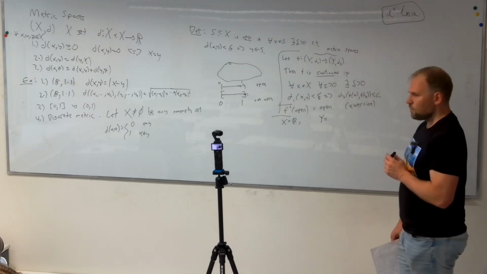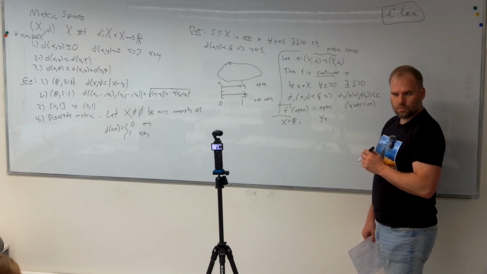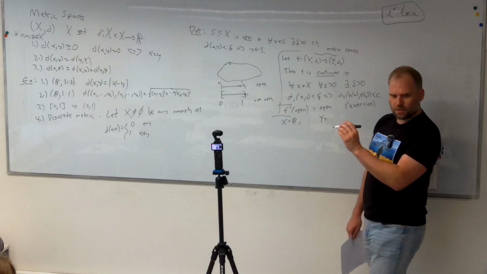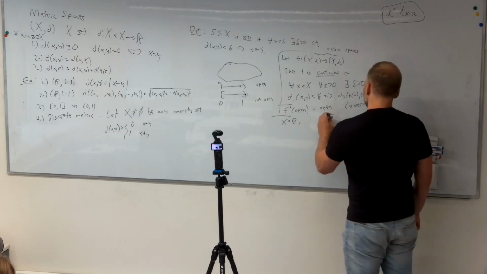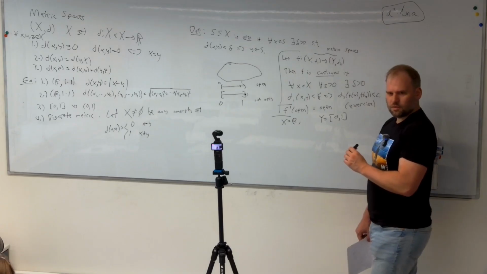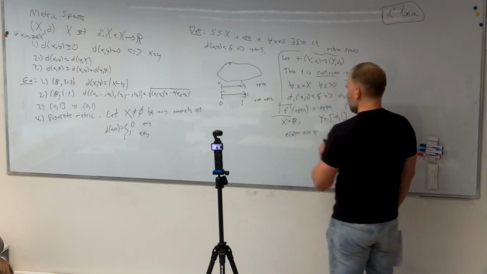No, it is the closed interval from 0 to 1. And your function is sine of x. So let's say f of x is sine of x. What's the open set you start with?